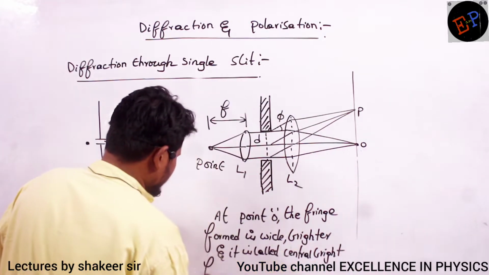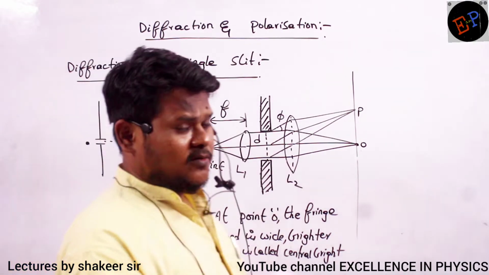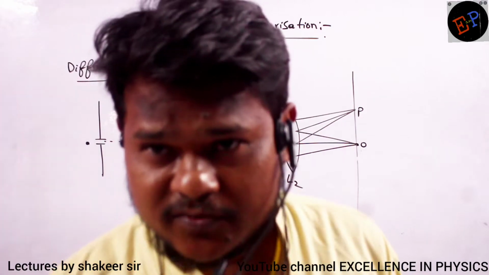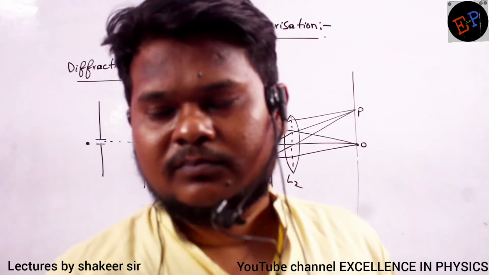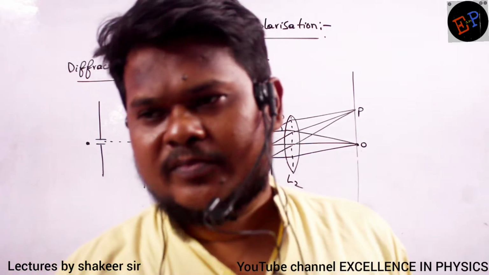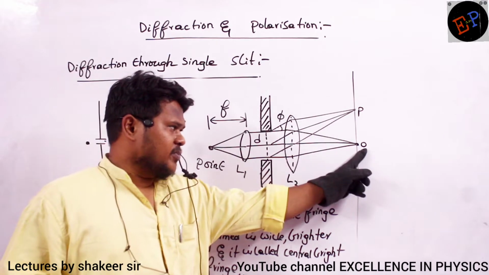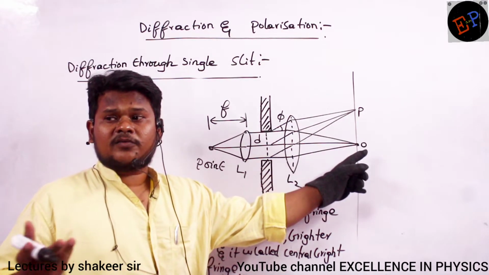Now can you say why it is a central bright fringe? Why has a bright fringe formed, and why can't a dark fringe be formed?